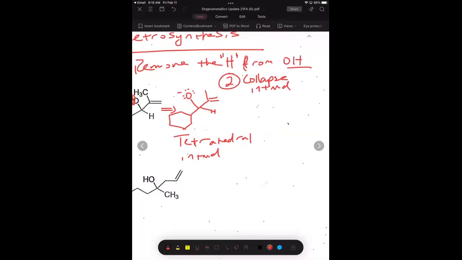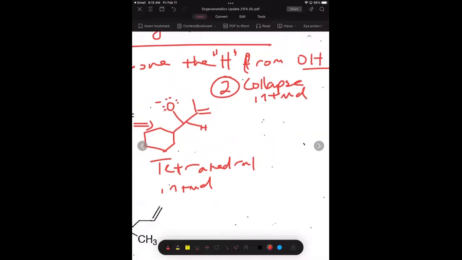I'm just abbreviating intermediate, right? And so what I mean by collapse is you just reform the pi bond.